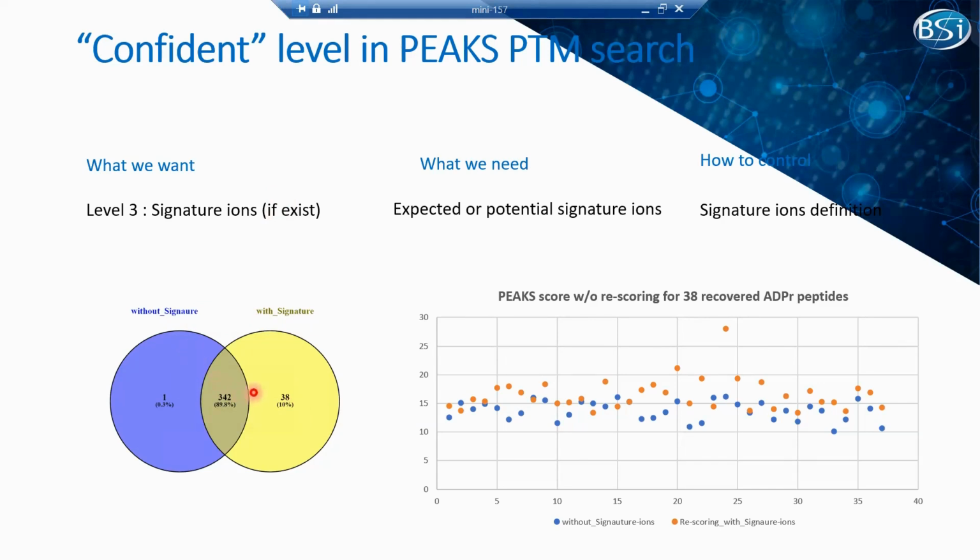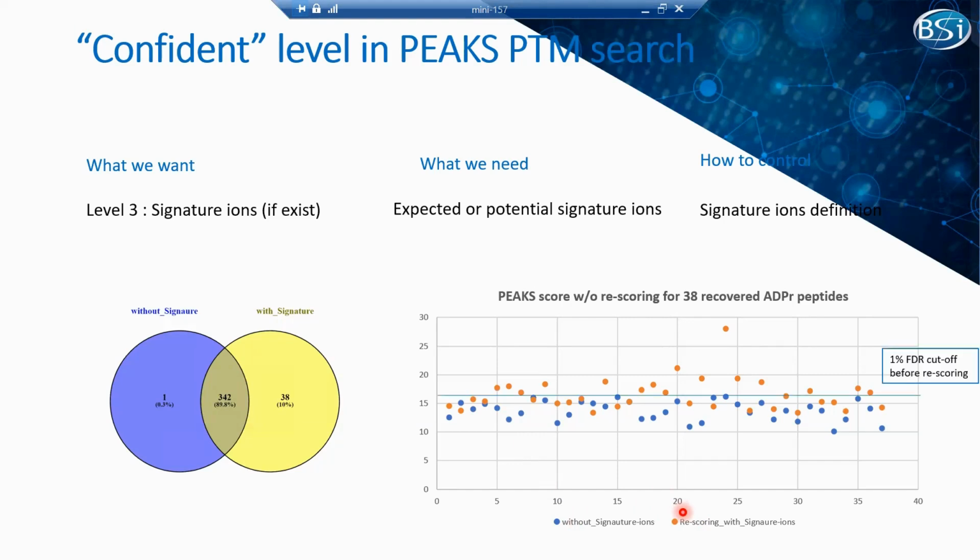Why can we find more? In this figure, the blue dot is the PEAKS score without the signature ion, and the orange one is the PEAKS score with the signature ion and re-scoring. So the difference is here.